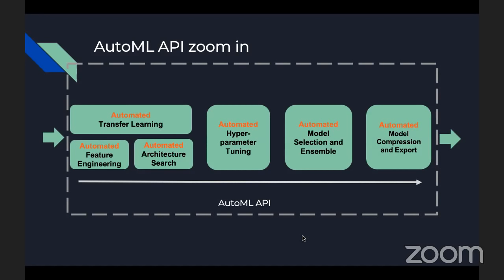So we will do automated feature engineering, automated architecture design, automated hyperparameter tuning, automated model selection and ensemble, and automated model compression and export. If we can automate every component and put them together as an automated pipeline, then the whole API is automated.